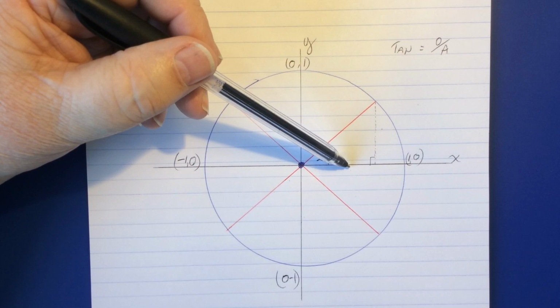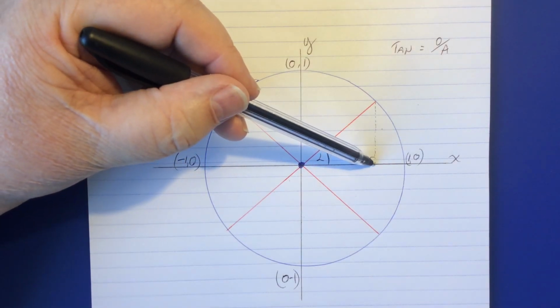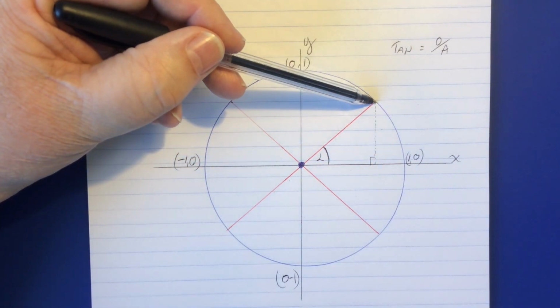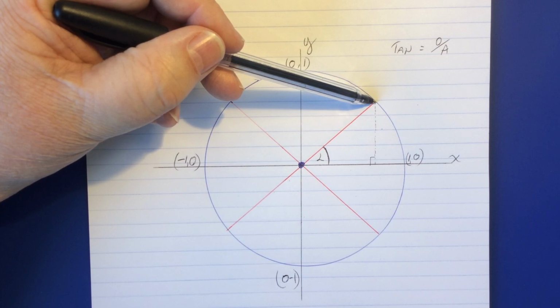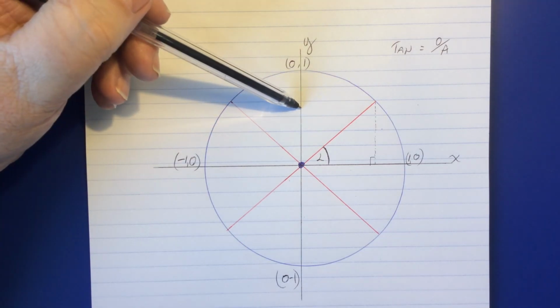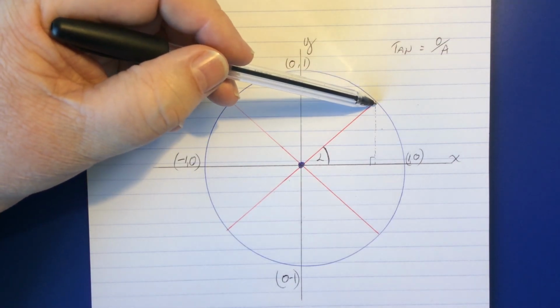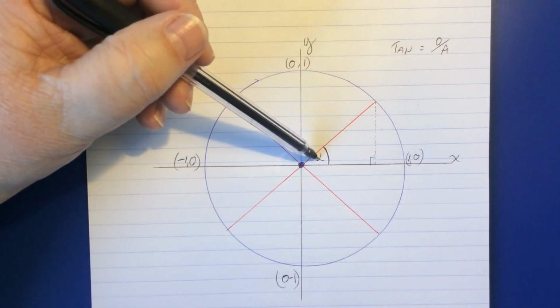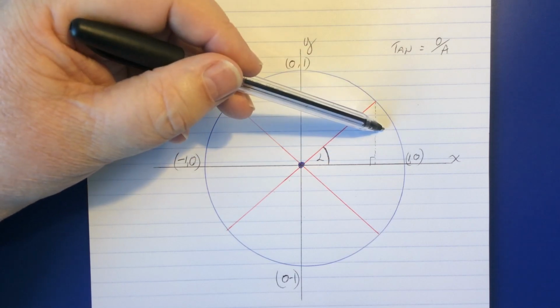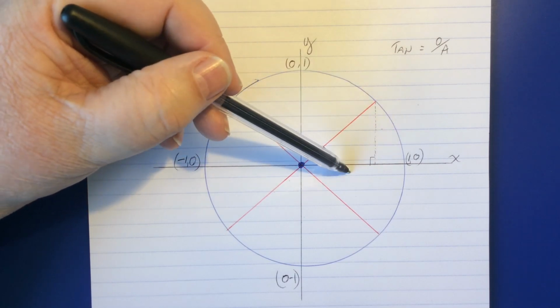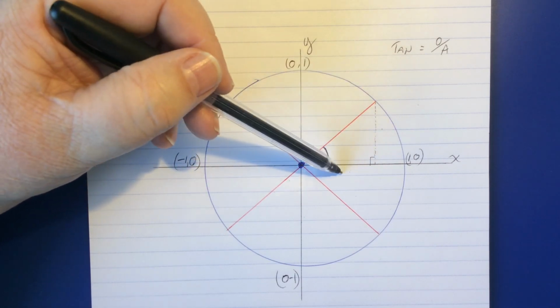This is a positive value on the x-axis, and this is a positive value on the y-axis. So if you come across to here, you can see that it's a positive value on the y-axis. And so if the tangent of this angle here is this value divided by this value, tangents will be positive here.